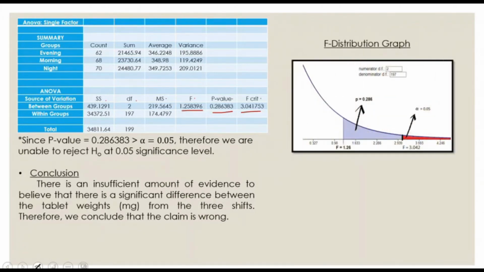And if we see it in a graphical manner, here we can see that the red area is the f-critical, and the f-critical is 3.042. The red area is alpha equals 0.05, and the blue area is the p-value, which is 0.286.